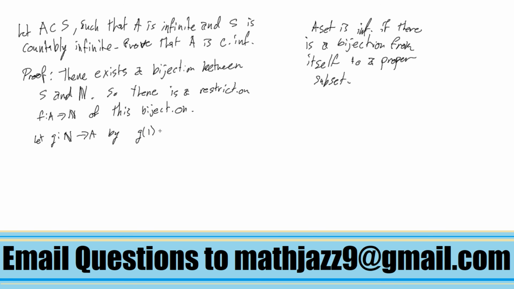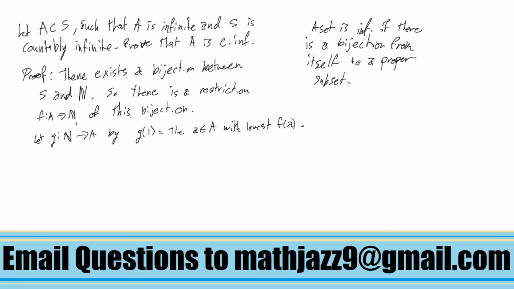G of 1 equals the A in A with lowest f of A. Okay, so there's got to be one of these because f of A is a natural number, and the natural numbers have something called total ordering.